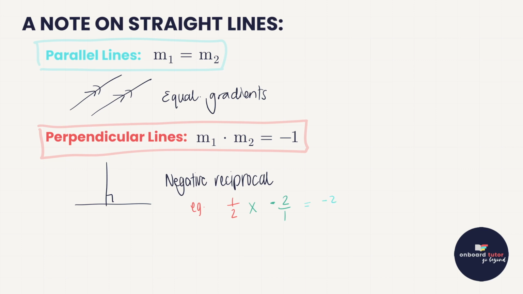And then in the denominator, 2 times 1 gives us 2, so it's minus 2 over 2, which does simplify to minus 1. Okay, so important to note, parallel lines, equal gradients. Perpendicular lines, we can multiply their gradients to give an answer of minus 1.